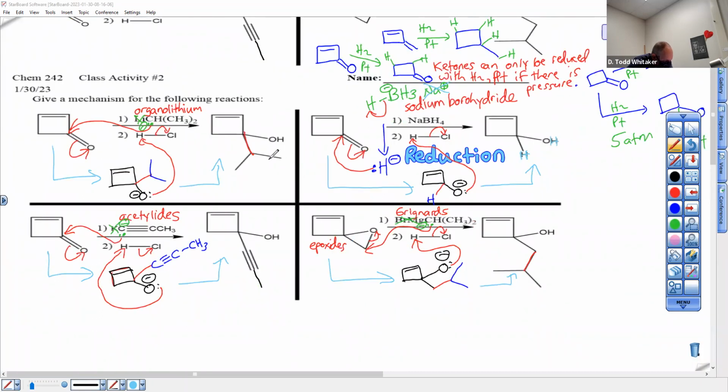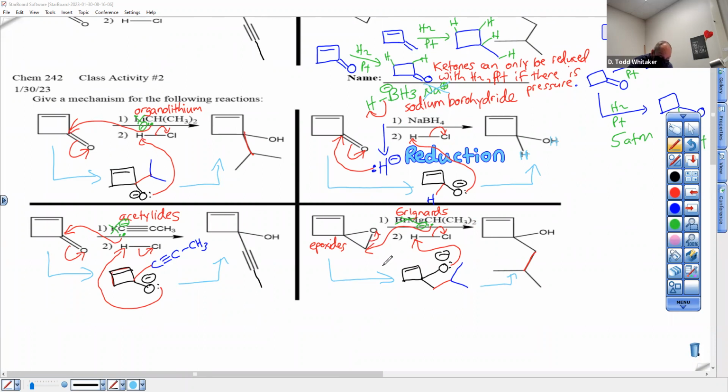You want an alcohol that was bigger and the OH is on the same carbon that got attacked. You use a ketone and an organolithium or a Grignard. If you want an alcohol on a carbon adjacent to the carbon that got attacked, you use an epoxide.